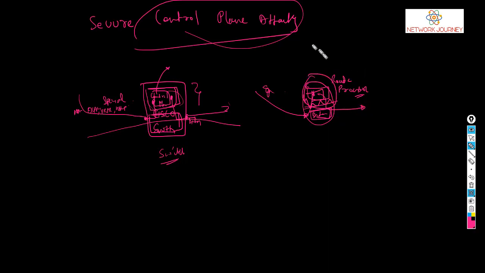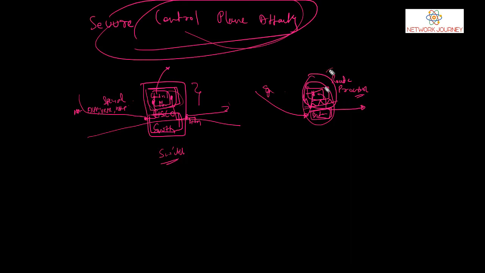Once again we are trying to help the control plane. So the route processor in a router and the control plane in a switch are what we are going to take care of.